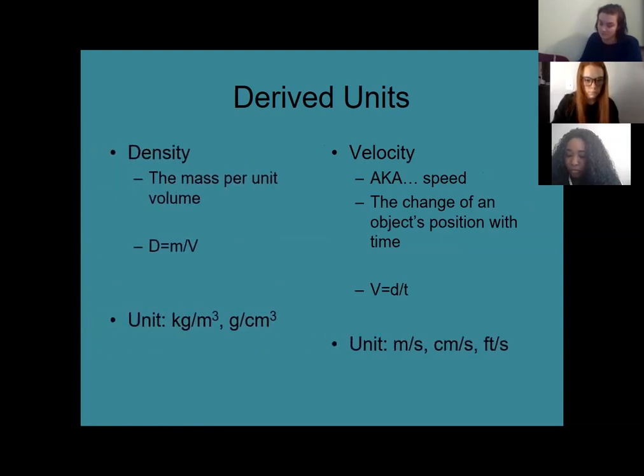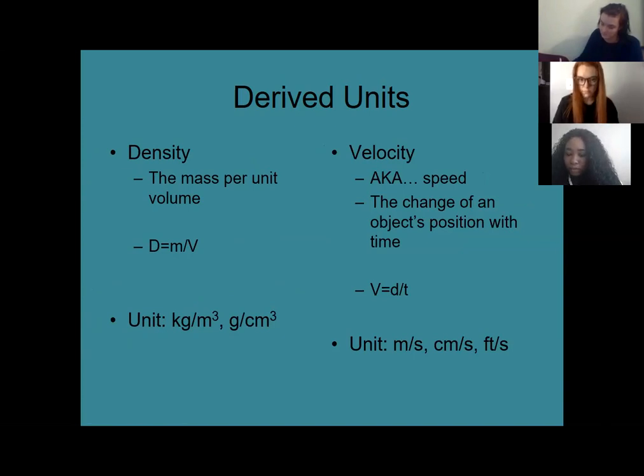Okay, so the next derived unit is density. And here we're talking about the density of an object. For example, air has a low density. Gases typically have low densities, but you would think of the density of, say, lead as having a high density.